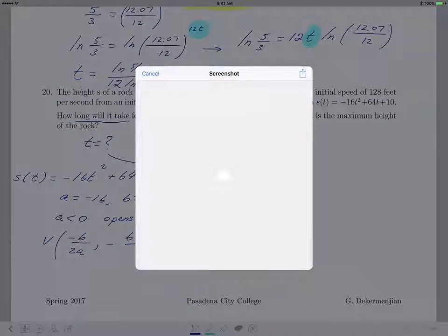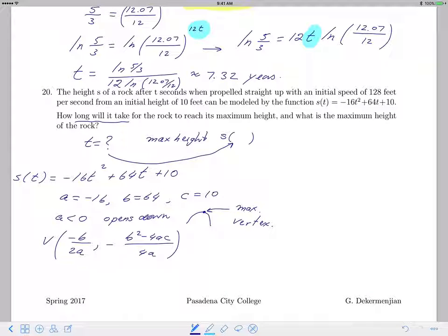So negative b over 2a would be negative 64 over negative 32, and then minus the discriminant over 4a, over 64 with the negative sign. Now let's calculate the discriminant separately. b squared minus 4ac is equal to 64 squared minus 4 times negative 16 times 10. Okay? 64 squared is 4,096.